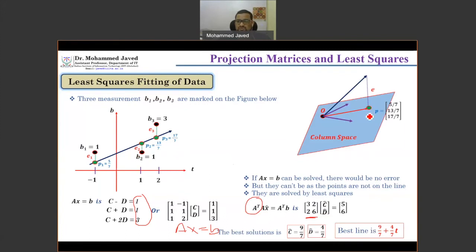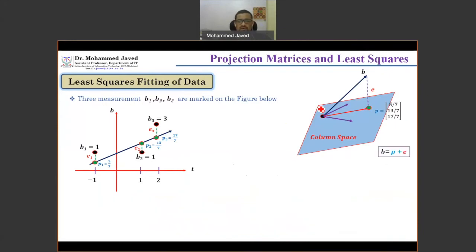Here I have shown in the plane that these are the projection values. And how did we get P here? P is equal to B minus E, right?